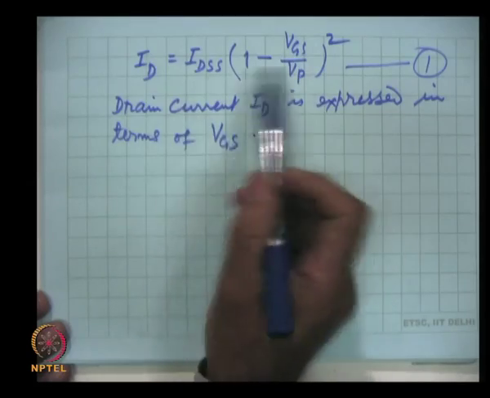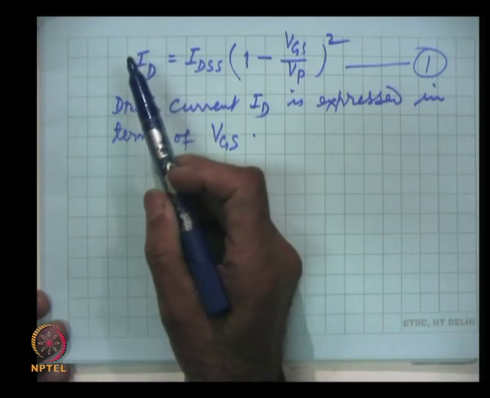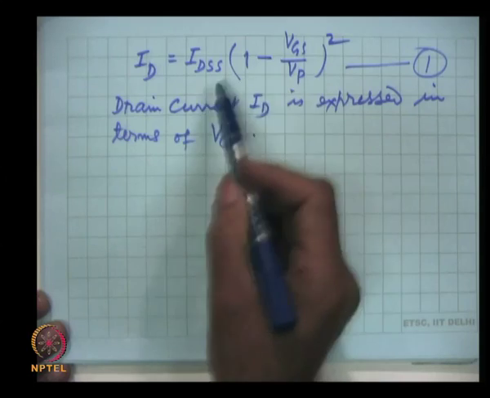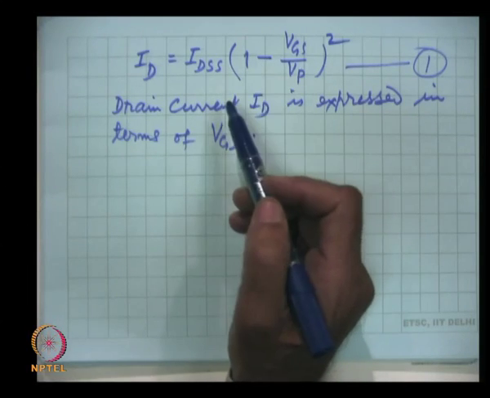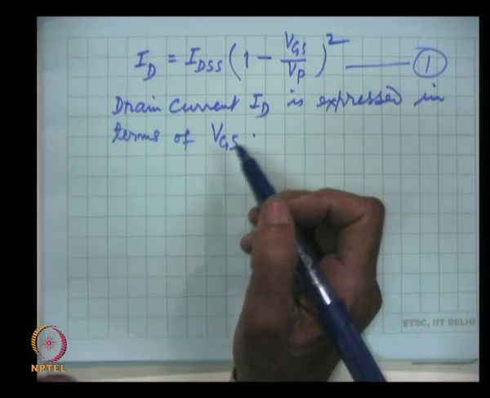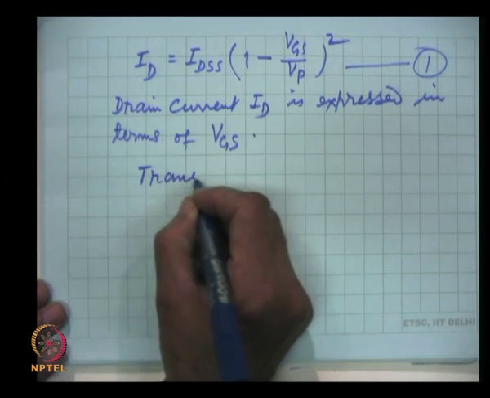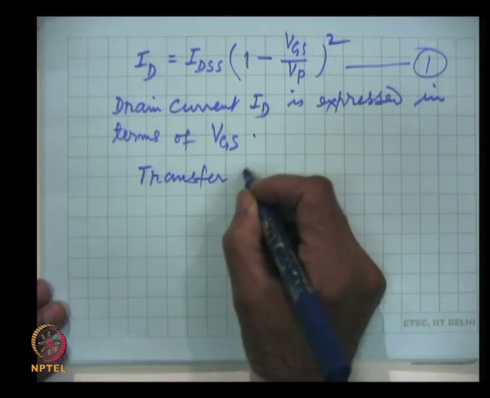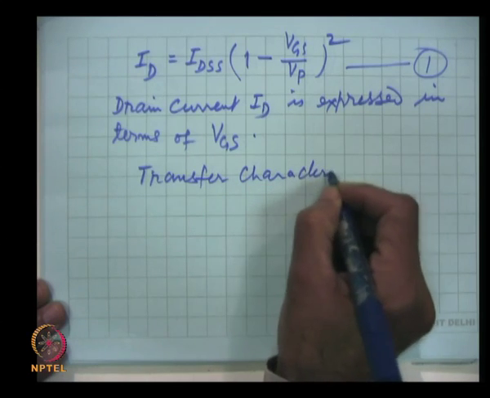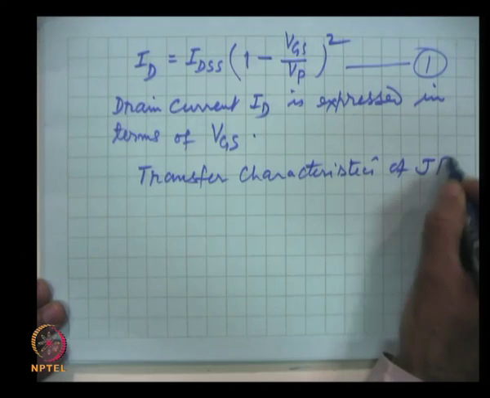The nonlinear relationship between ID and VGS, the gate source voltage, as expressed by this equation, is parabolic in nature. So, we can get the transfer characteristics of the JFET.